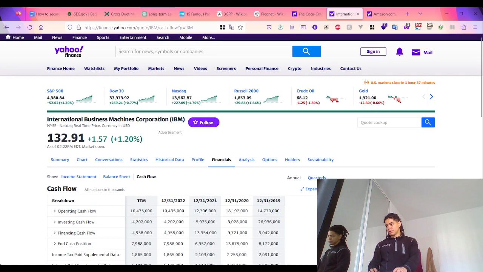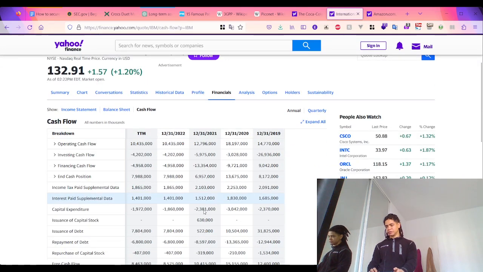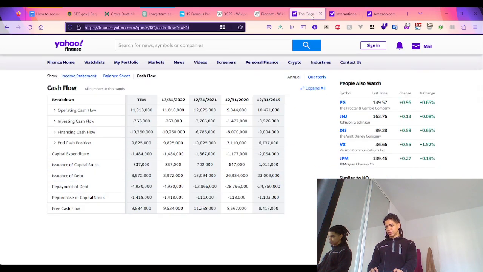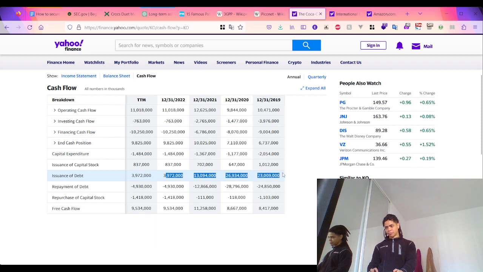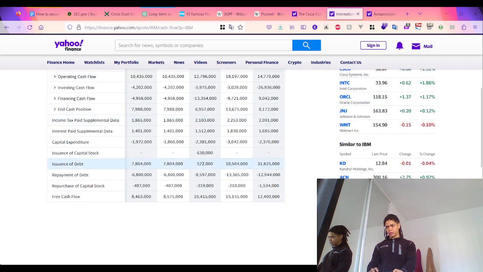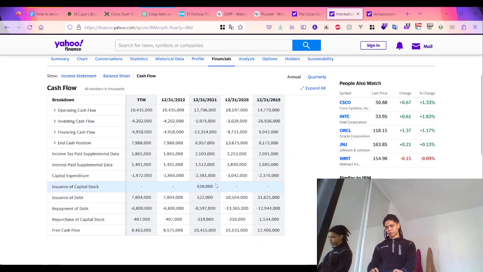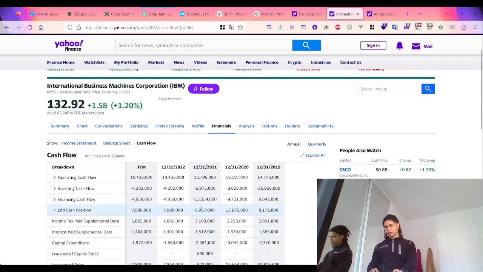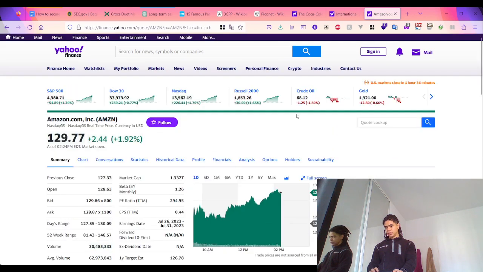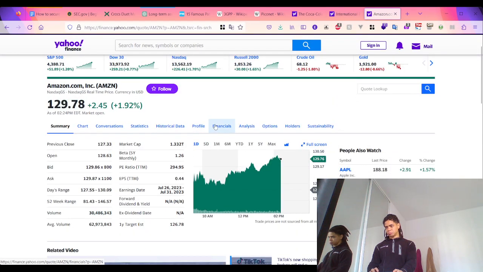So even though this might be a good sign of an investment, in the case of Coca-Cola, it continuously issues debt and issues capital stock. For example, here, issuing of capital stock from IBM.